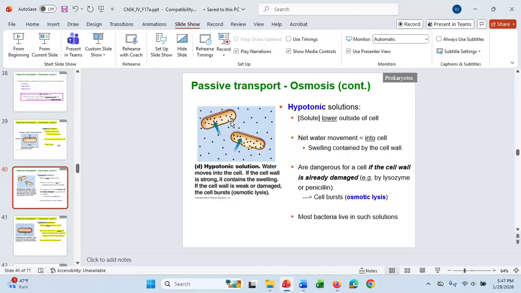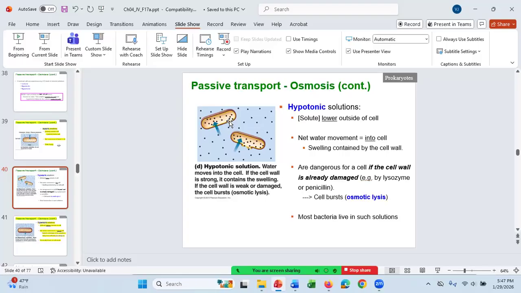If the cell has no cell wall or a cell wall with a hole in it, the cell membrane will begin protruding outside the hole or just protrude all the way if there's no cell wall. Eventually, enough water will move into the cell that will pop the cell membrane. The cell will burst, the cytoplasm will leak out, and that would kill the cell.